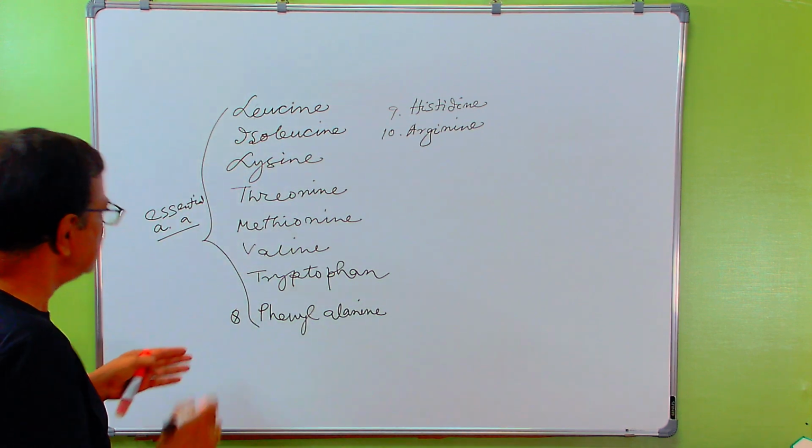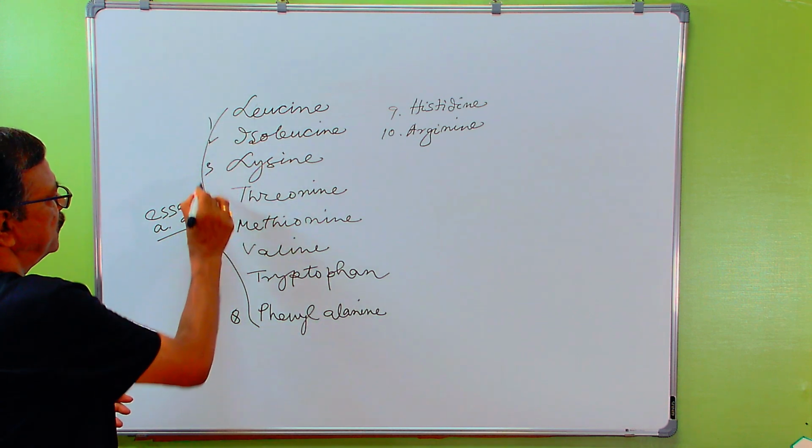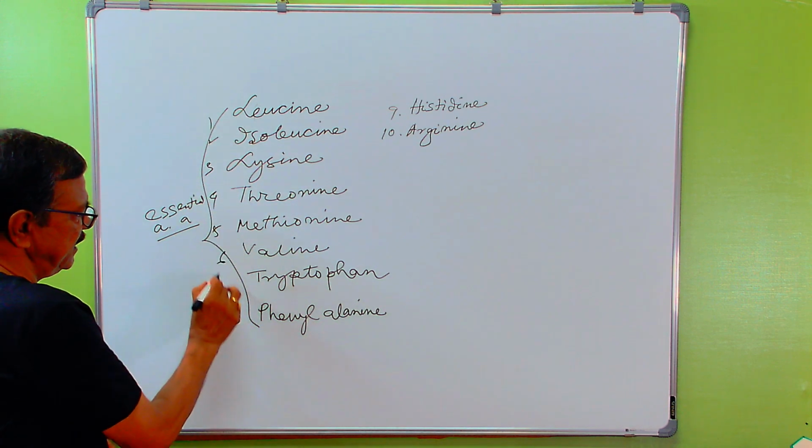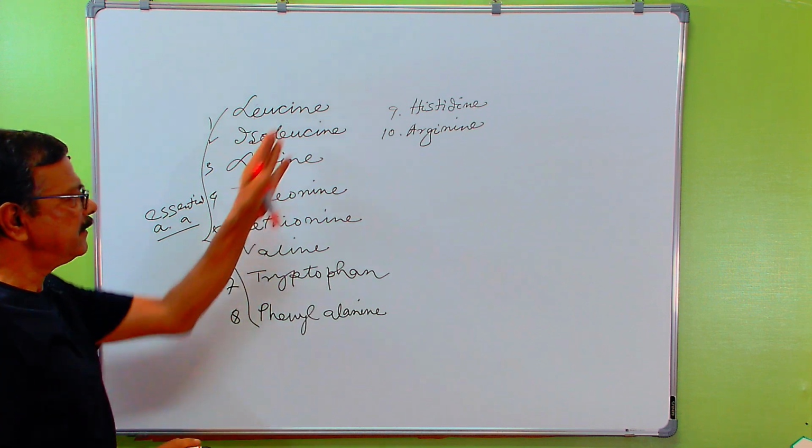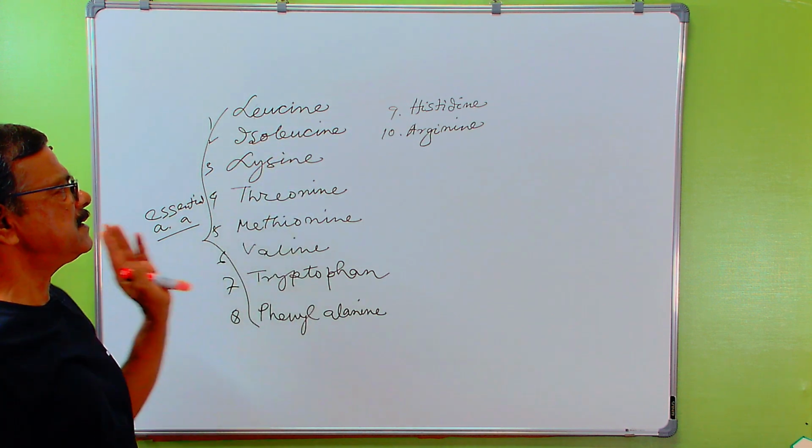So there are 8: 1, 2, 3, 4, 5, 6, 7, 8. These are essential amino acids.